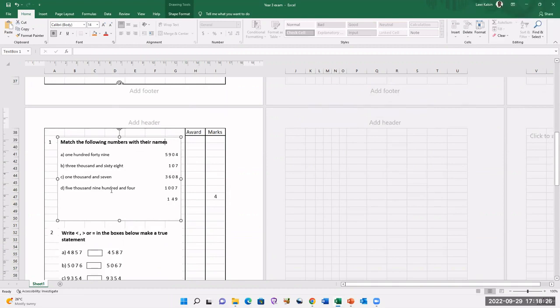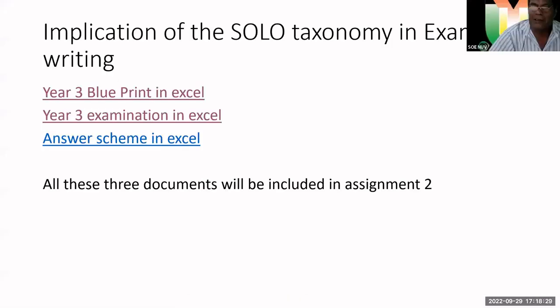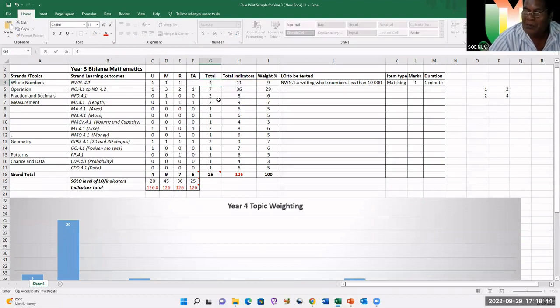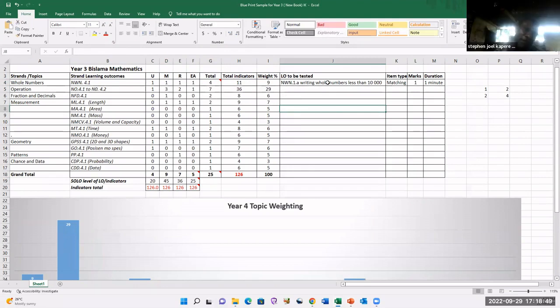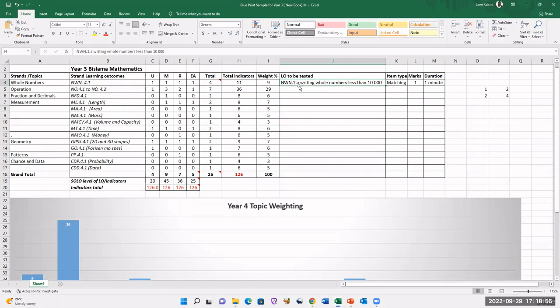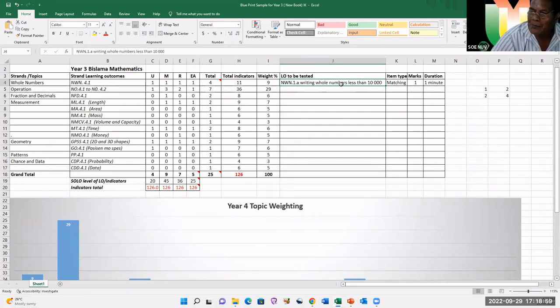Okay, so the first one is the blueprint. For the sake of this example, I changed some things. The indicator here is writing all numbers less than 10,000.